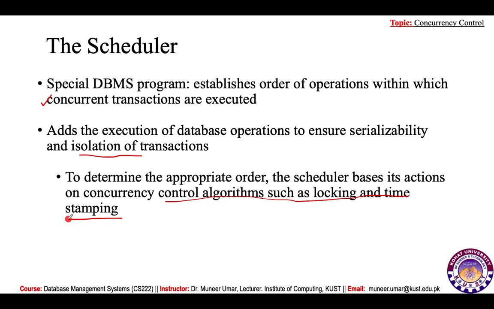Both are used for concurrency control. In the locking, we lock all the data items in the database depending upon the requirement. We may lock a single table and we may lock the entire database for a transaction. And due to locking, we may face some deadlocks. So to avoid deadlocks, we also use time stamping mechanism.